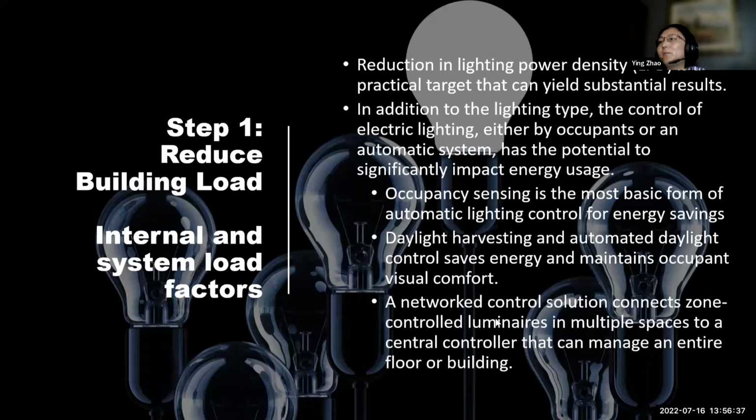And also there are some network control solutions for lighting that can manage the entire floor of the building. Those are more sophisticated controls, and they could be synchronized with other building systems. For example, we have an occupancy sensor in an office space that controls both lighting and, for example, the HVAC terminals.